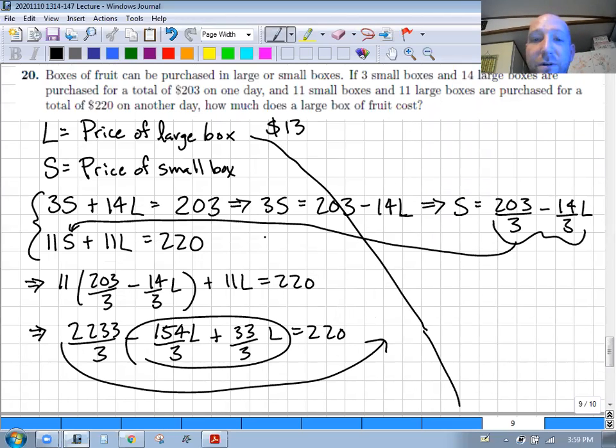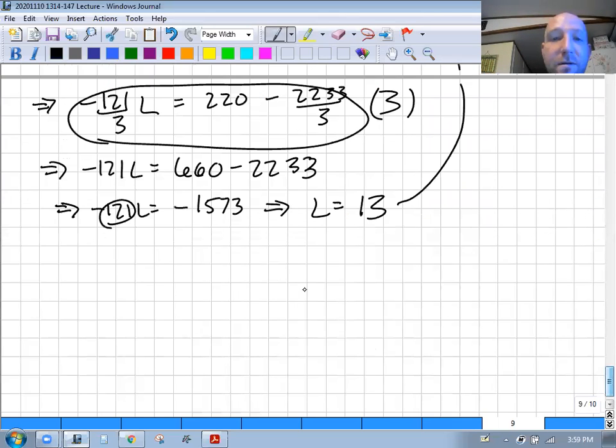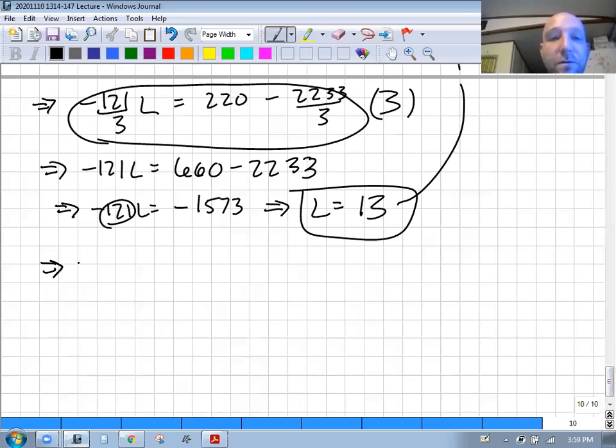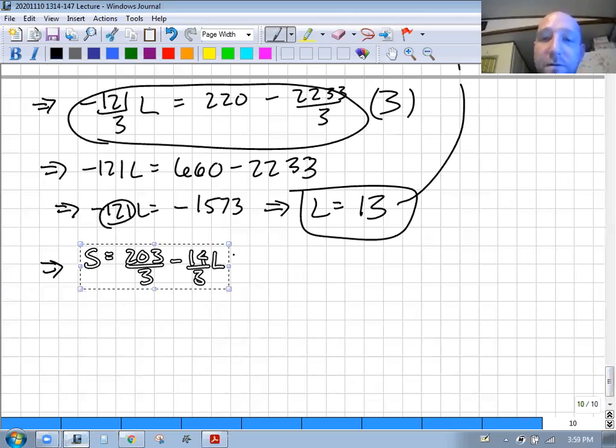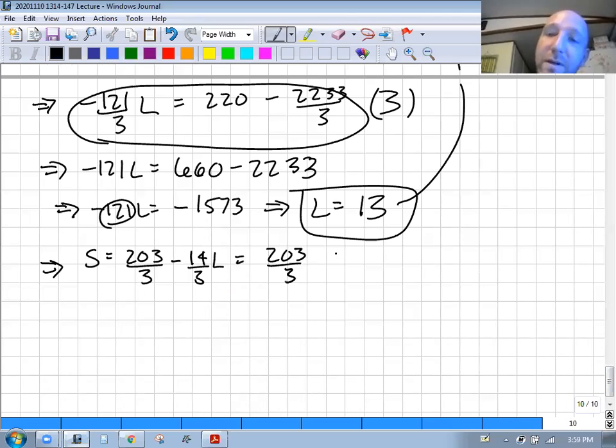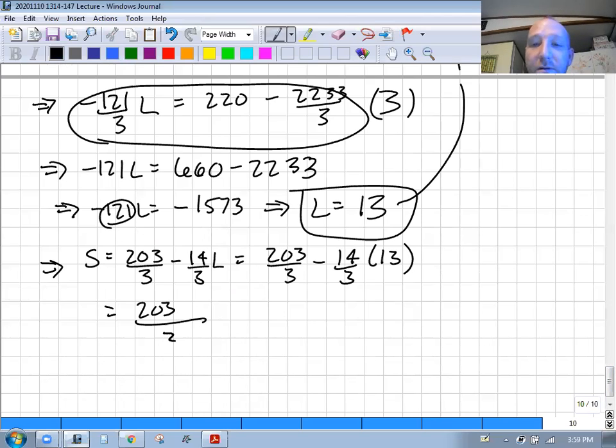Now we know the price of a large box. We can plug it in right here and get the price of a small box, right? So therefore, this is 203 over 3 minus 14 over 3 times 13. That's the price of a small box. Which would be, let's see, 203 minus 14 times 13, 182.